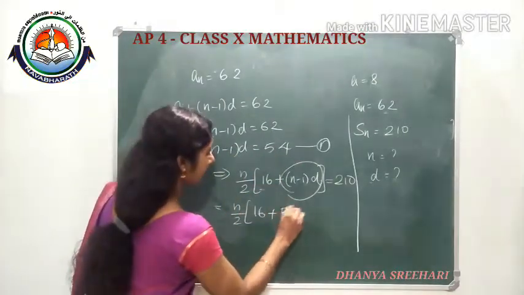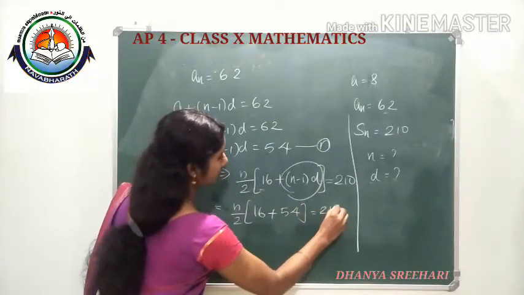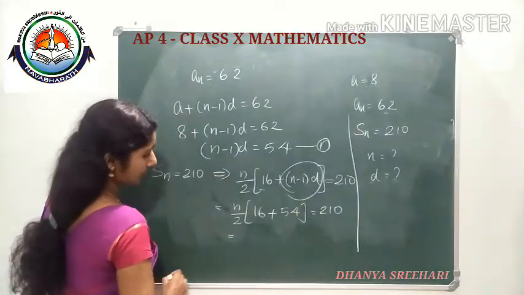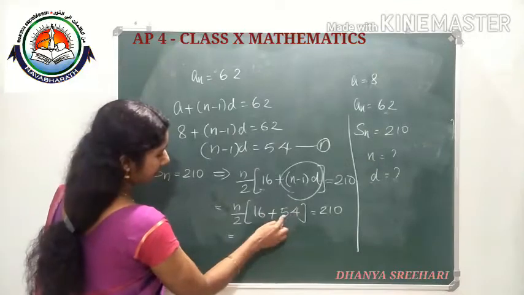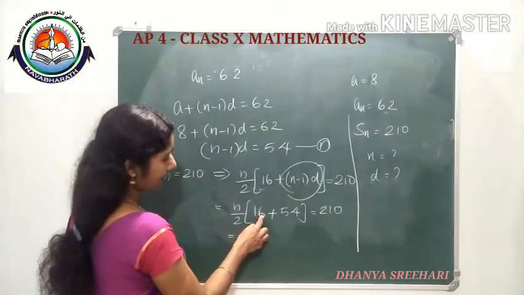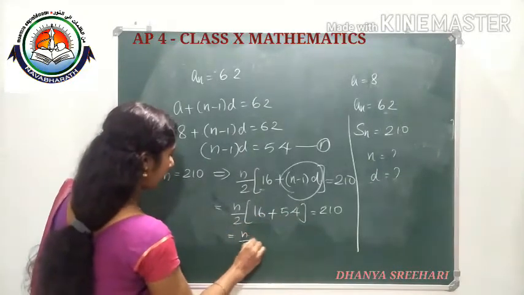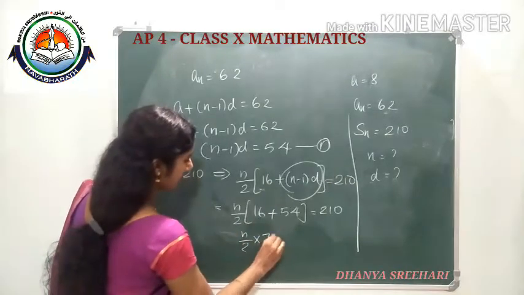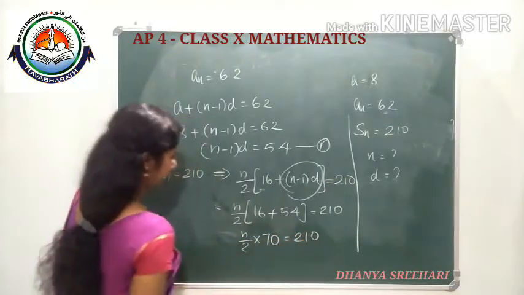So we can substitute that value: 54 plus 16 gives 70. So n by 2 into 70 is equal to 210.